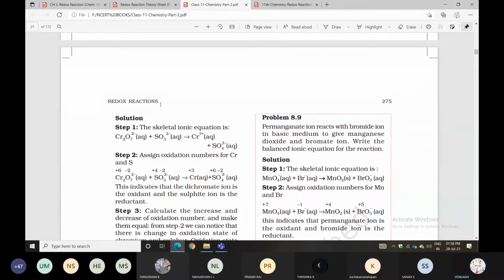So here Cr2O7 is there, reacting with sulfite ion to form chromium plus sulfate. Listen here, we have SO3 2- and SO4 2-. So don't get confused here.